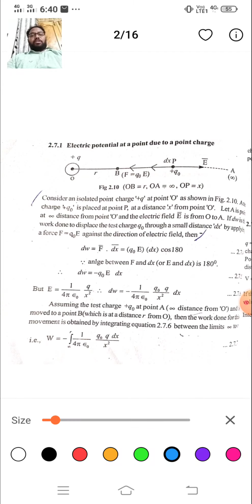Electric potential at a point due to a point charge.